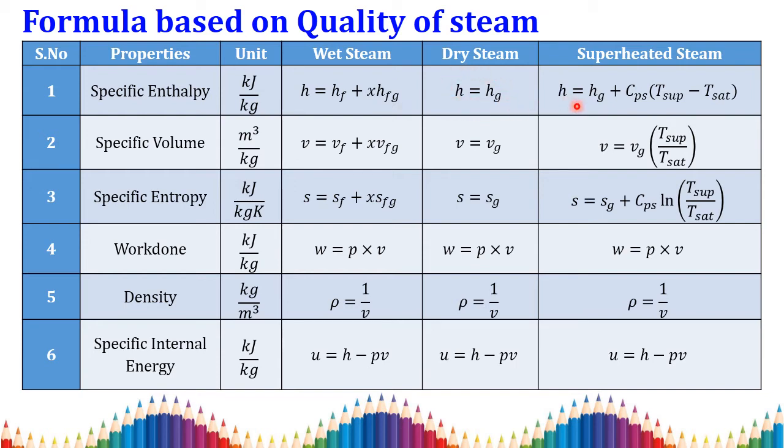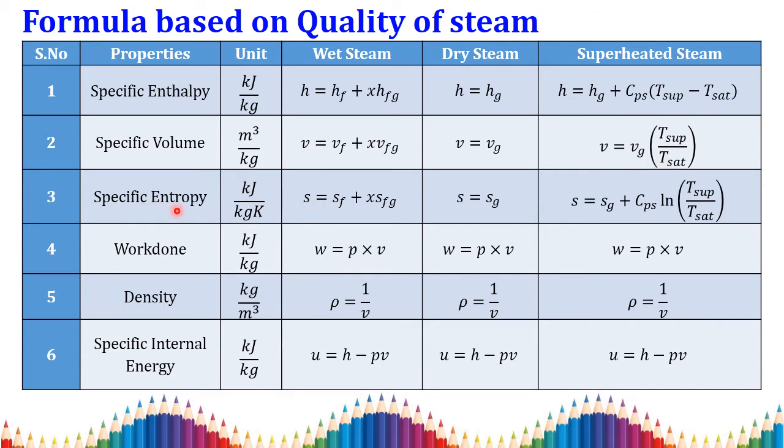For superheated steam, h = hg + cp (T superheated minus T saturation), where cp is the specific heat at constant pressure of the superheated steam, and the difference is between the superheated and saturation temperatures. For specific volume, for the wet condition, v = vf + x vfg, for dry steam v = vg, and for superheated steam v = vg × (T sup / T saturation).